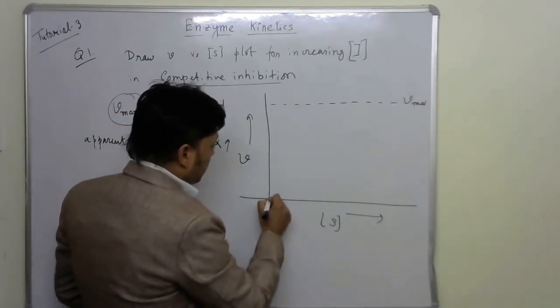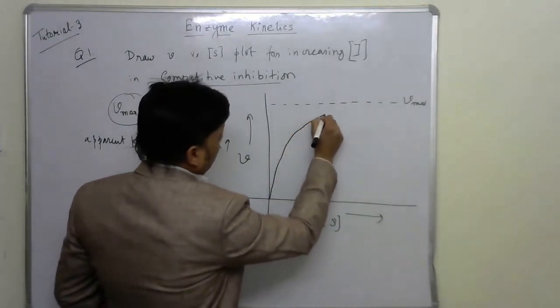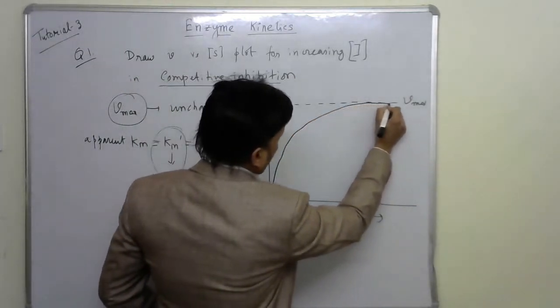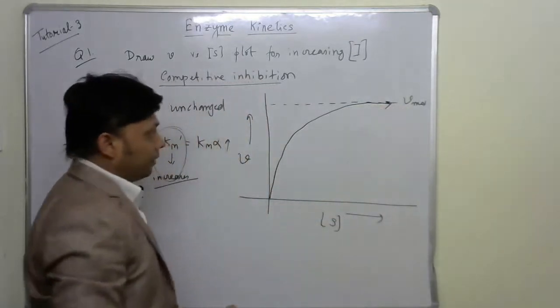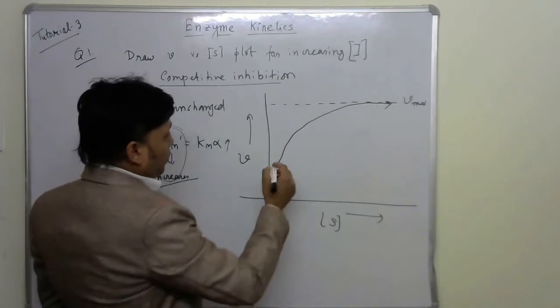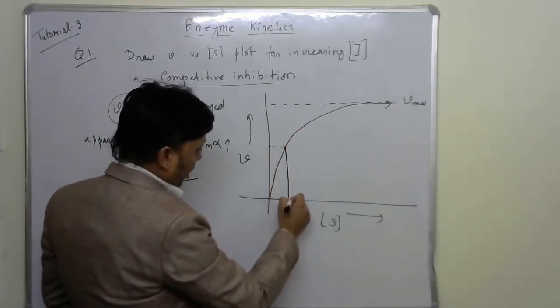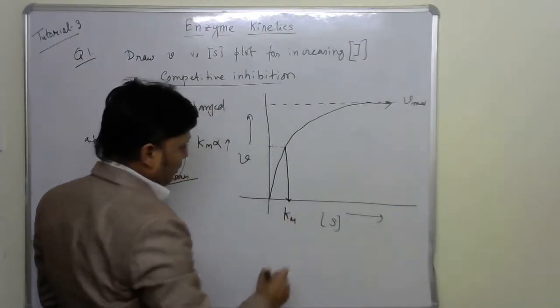So the graph plot, as we have seen earlier in the lectures, let's assume that it follows this curve. And according to that, what is our Km? So Km should be the substrate concentration at Vmax by 2. So this is the Km. Alright.